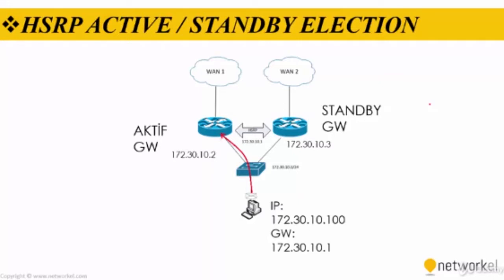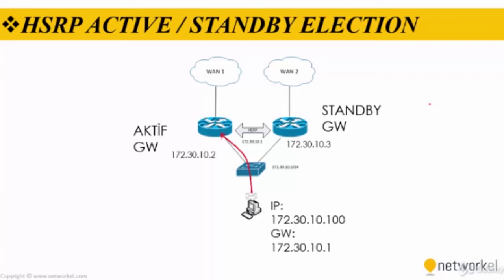So let's take a look at how we select the active and the standby gateways in HSRP. As you can see in the figure, we have two routers again, and the router with the highest IP address will be active by default. But the selection can be changed with the HSRP priority value.